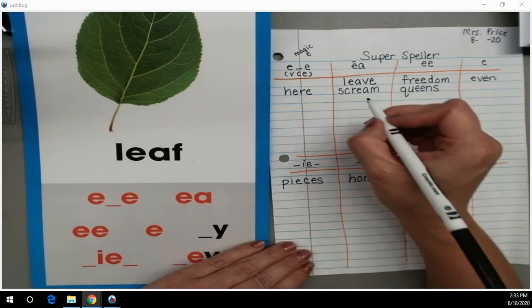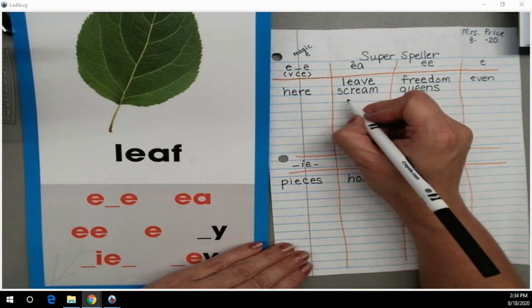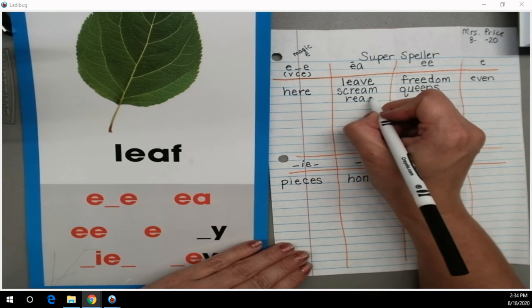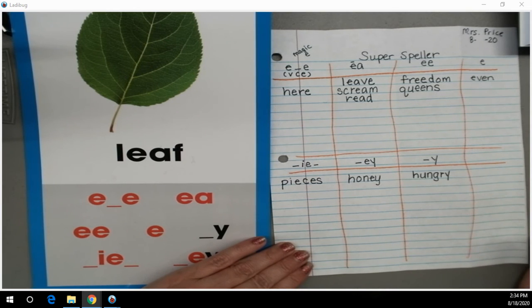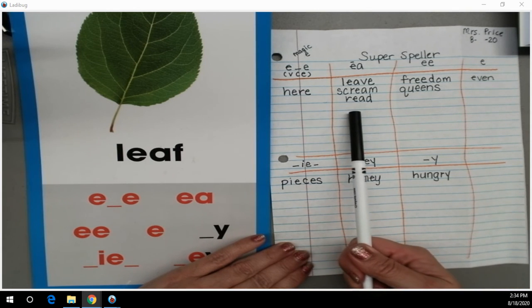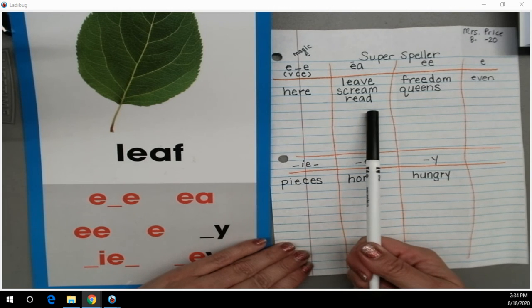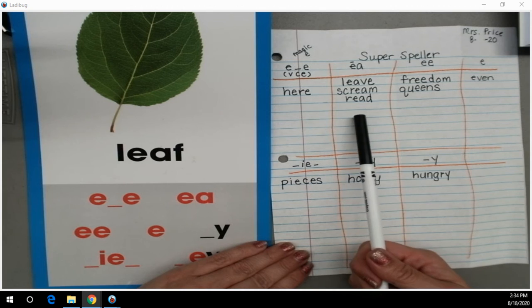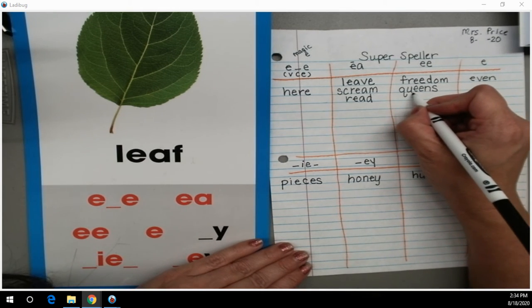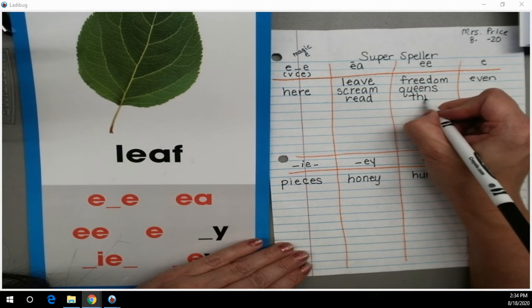And I'm going to think of another one. How about read? R-E-A-D, read. Sometimes this can be said as read if you said I read a book or I like to read, depending on the context of the sentence. And then the last one that you should be able to spell is 3.